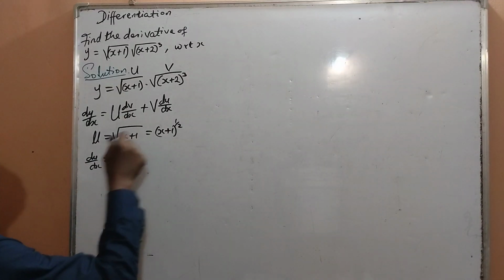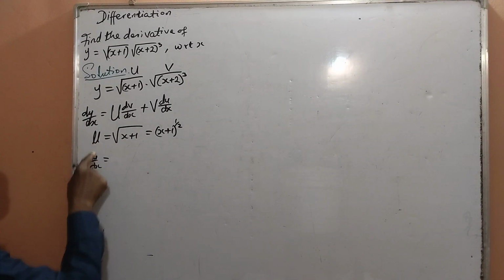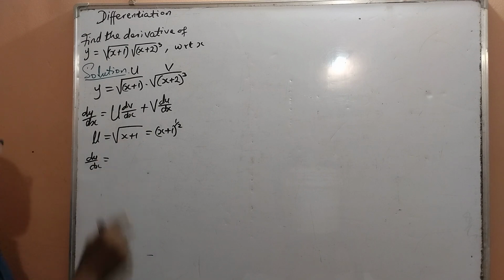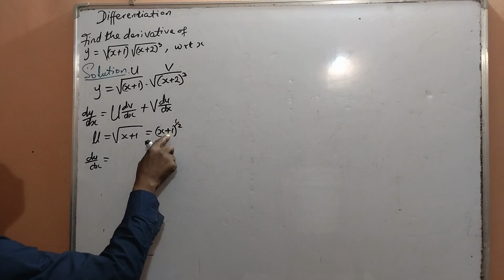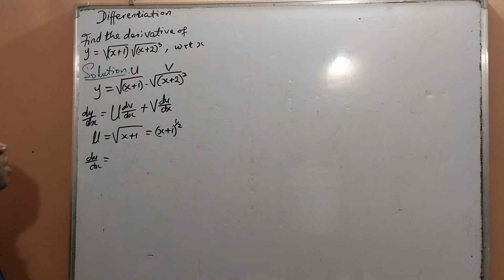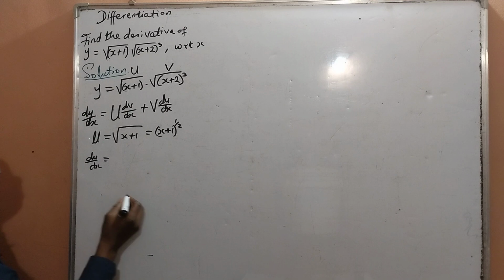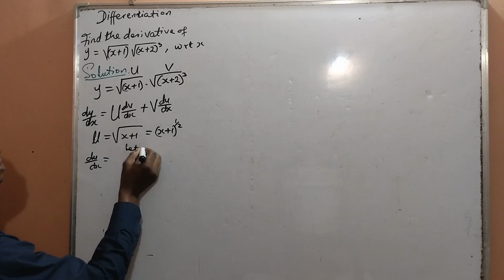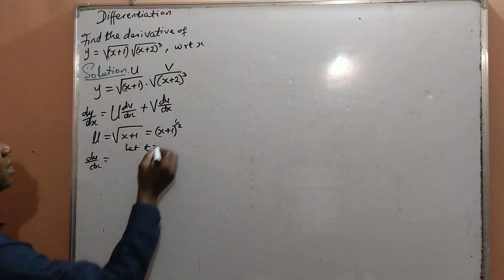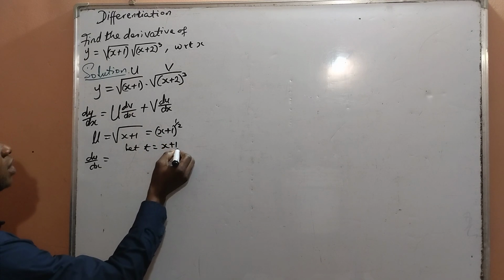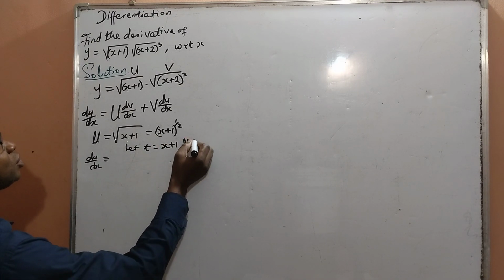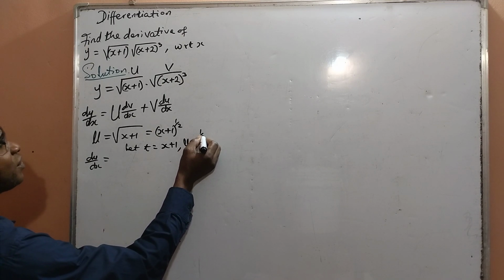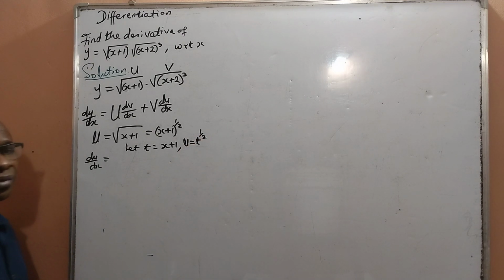Therefore, from u, I will differentiate u with respect to x. You can agree with me that from here, let t be equal to x plus 1, meaning that u shall be equal to t raised to power 1/2.